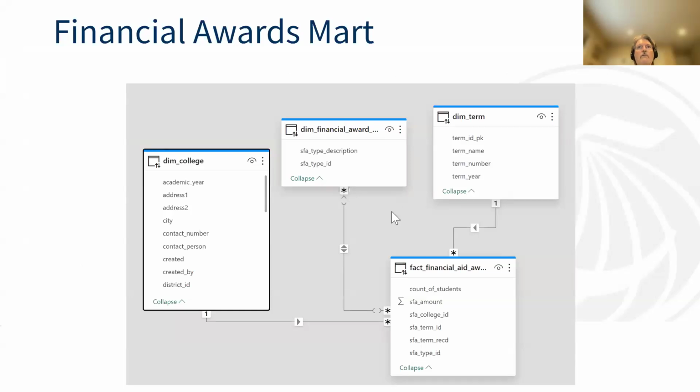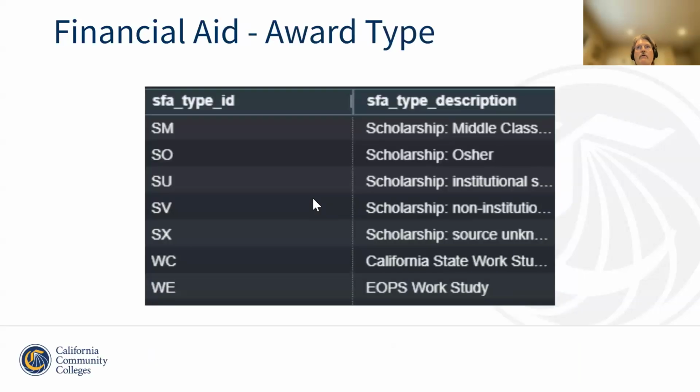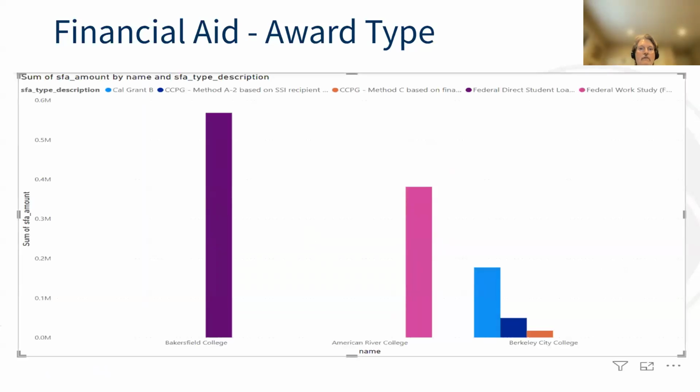Okay, so financial awards. Obviously, there is a fact table here that tells you how many students and the amount that they've received, and what type of award, and then during what term and which college. So this is a subset of what's possible, and these are all again translated from the submissions. And this is the report itself.